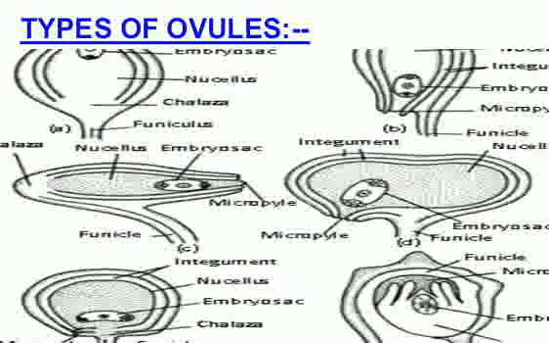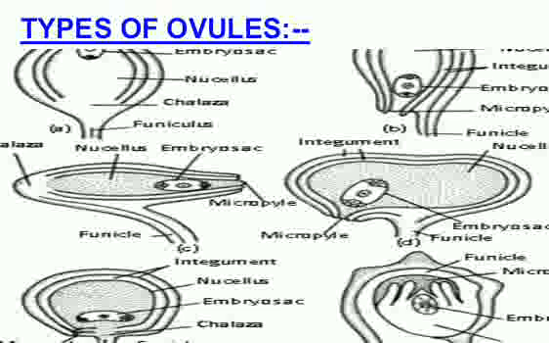The first one is representing the orthotropous, wherein the funicle, chalaza and the micropyle are in a straight line. Second one is the anatropous, which is the most common and the one which you have studied just now.